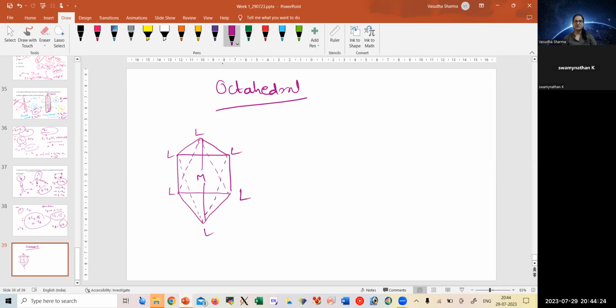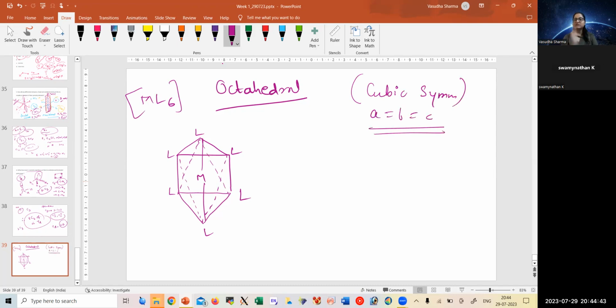We are taking a case of ML6, where M could be anything and L could be anything, and I have defined that all the L are equal. That's why the highest symmetry, or the cubic symmetry, we call octahedral, and your tetrahedral. We just saw that A equals B equals C. This is the case where the cubic symmetry is there. This is highly symmetric, and all the sides are equal, right?